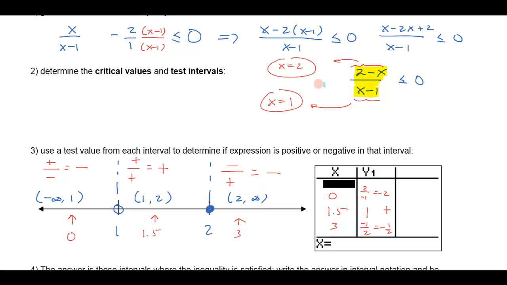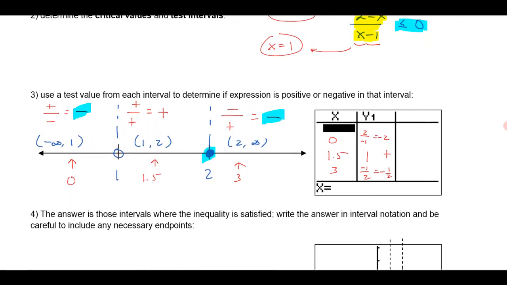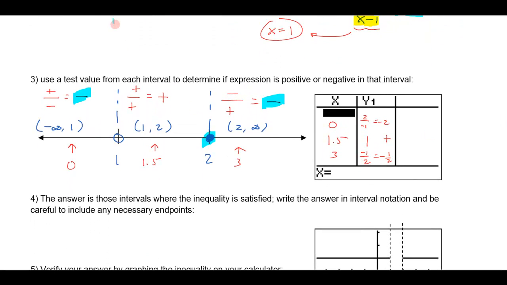So I want to know, where is this expression less than or equal to 0? Well, I know it's equal to 0 here at 2, and less than 0 means where it's negative. And so notice it's negative in either of these two intervals. So my solution, where it's less than or equal to 0, is going to be the interval from minus infinity to 1.